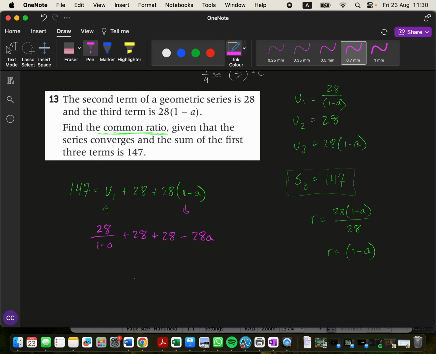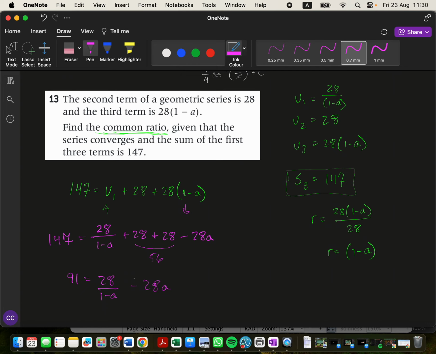So with that, and I know that this is going to be 147. 28 and 28 is 56. 56, take away from there, 91. So I get 91 is the same as 28 over 1 minus A minus 28A.